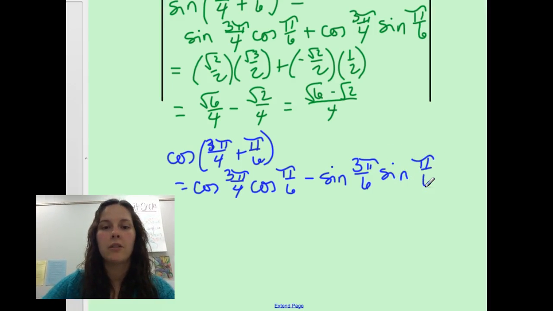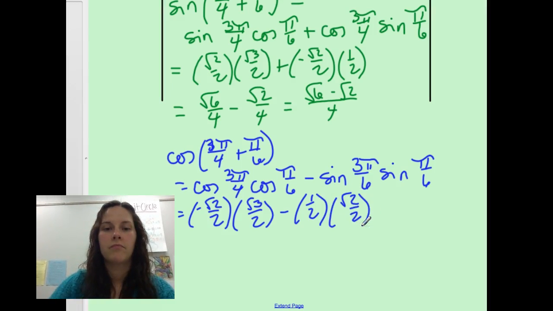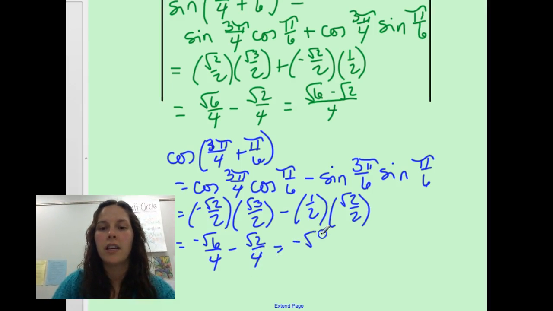Substituting in those same values we got on the last one, we have negative root 2 over 2, root 3 over 2, minus 1/2 times root 2 over 2, giving us negative root 6 over 4 minus root 2 over 4, or combining into one fraction, negative root 6 minus root 2 all over 4.